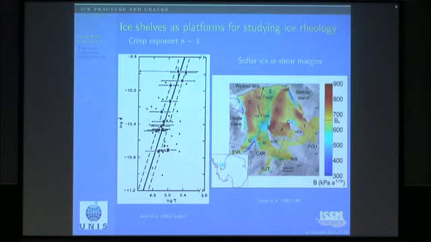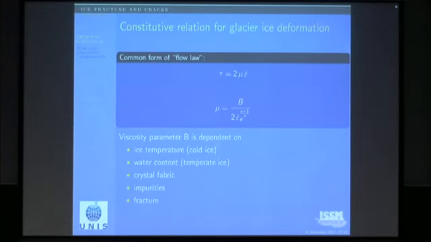And so what we commonly do now with these large-scale ice sheet models is we take satellite data and assimilate it using inverse methods to determine the spatial variation in ice properties, ice rheology. That takes into account what we commonly use as a flow law, or the constitutive relationship that relates the deviatoric stress to the strain rate through a non-linear viscosity term, a term that is also dependent on the strain rate.